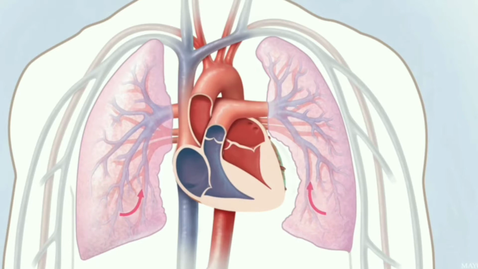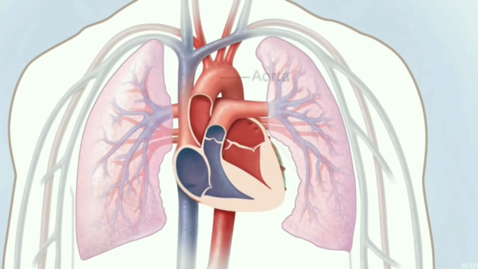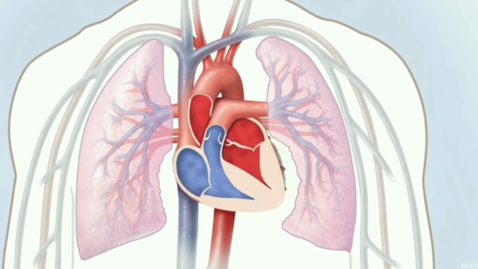The now oxygen-rich blood, shown here as red, then returns from the lungs and enters the left atrium. The oxygen-rich blood then flows from the left atrium to the left ventricle. The blood is pumped through the main artery that supplies blood to the body, called the aorta, to supply tissues throughout our body with oxygen.